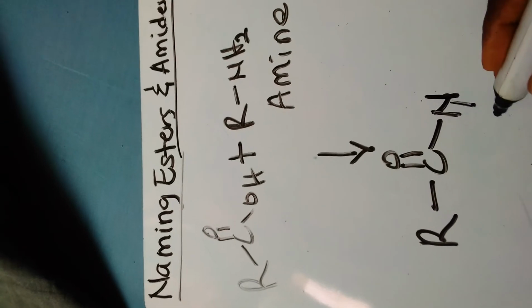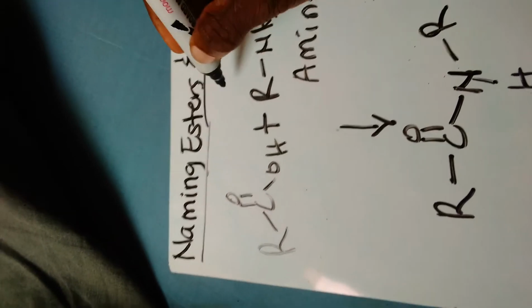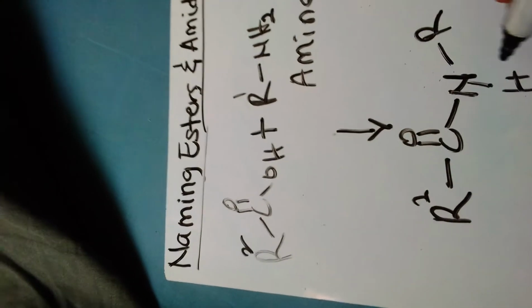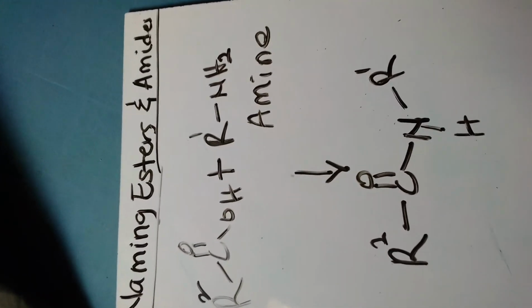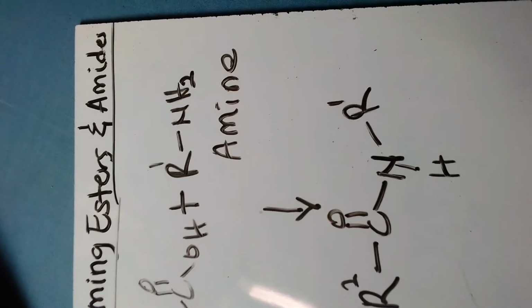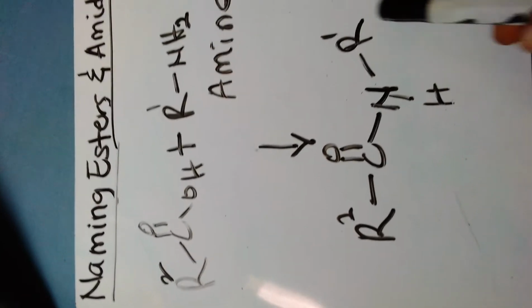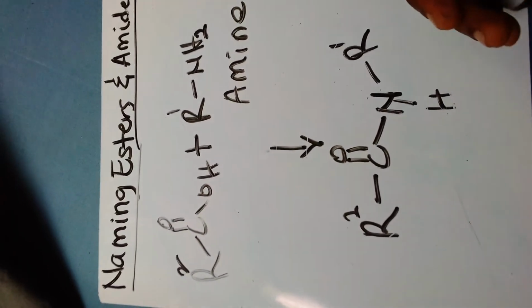So you have one here, and the R of the amine. If here's R1, this is R2. So this is the structure of an amide, produced by a reaction between an amine and a carboxylic acid. This is an amide.